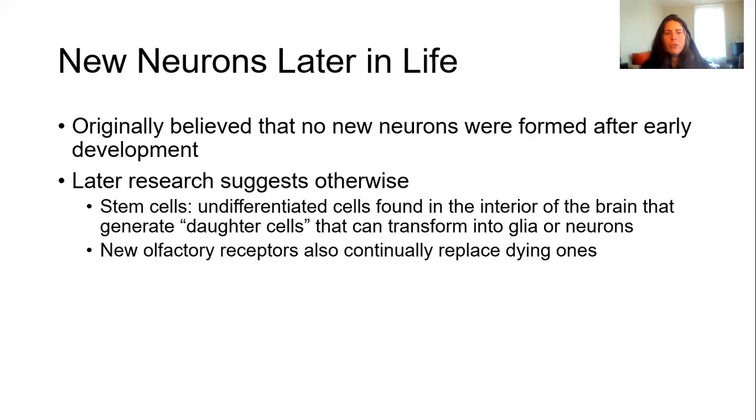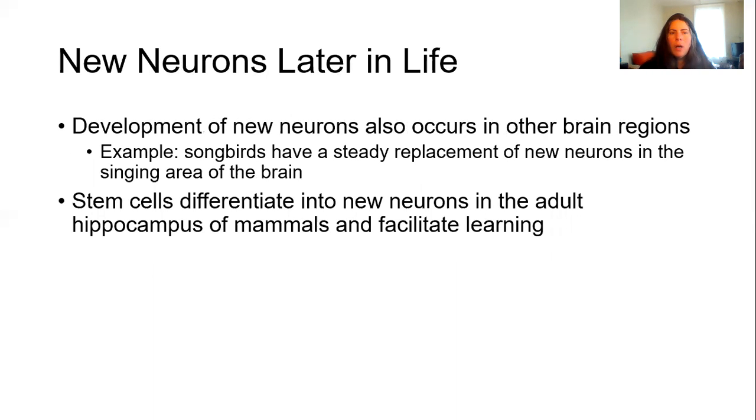So new olfactory receptors continually replace dying ones. The other area of the brain where neurons regenerate is the hippocampus. Stem cells are going to differentiate into new neurons in the adult hippocampus of mammals that facilitate learning.